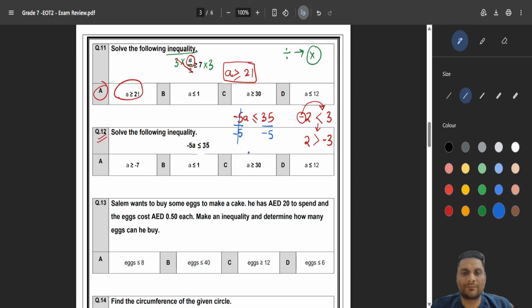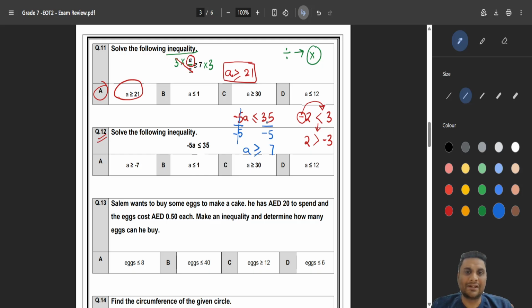5 and 5 cancel here. So A. Now we are writing the answer, so you have to change the direction of this sign. It will become greater than or equal to 35 divided by 5, 7. Now here we will not take the sign of the bigger number. Why? We take the sign of the bigger number only in plus and minus. When we are doing multiply and divide, the rule changes.